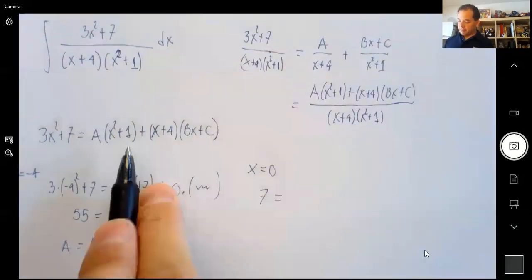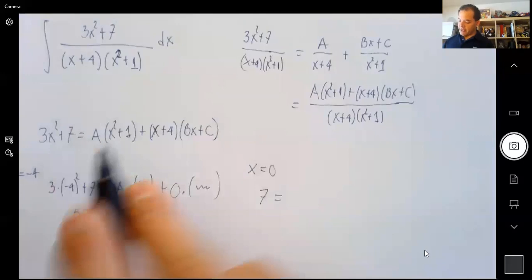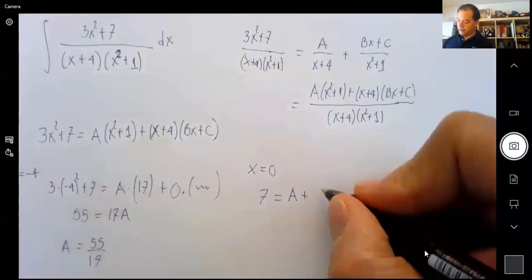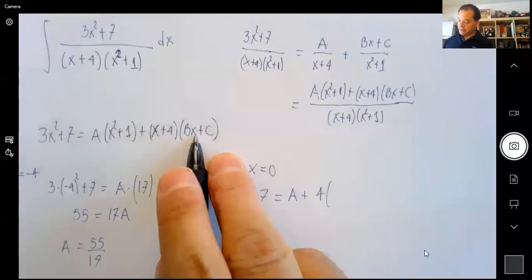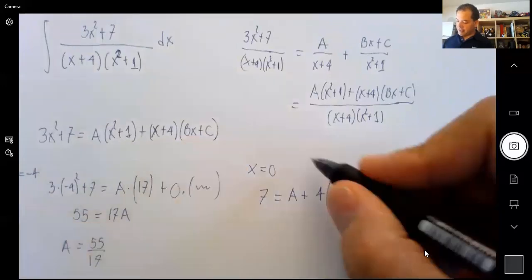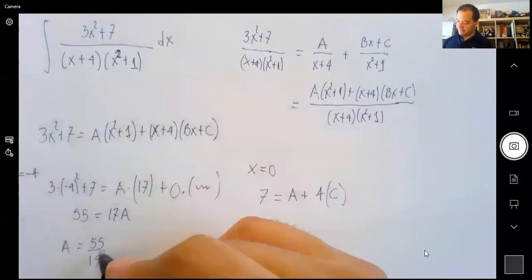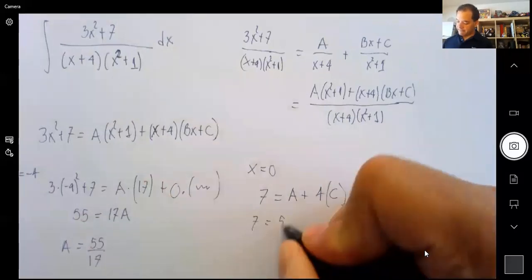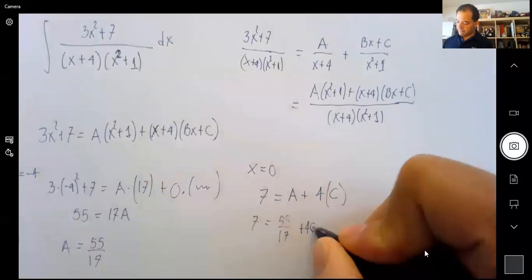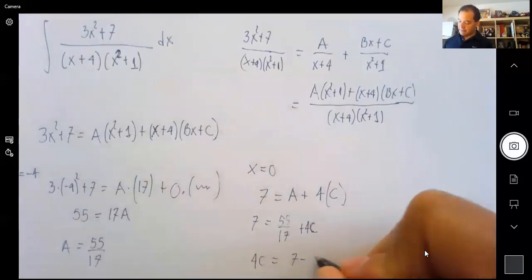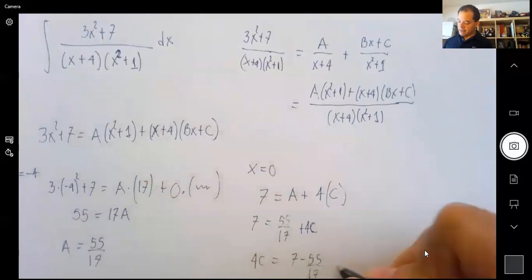Here 0 plus 1 times a, so that's just a, plus 0 plus 4, that's 4. B times 0 eliminates it, and then it's just C. And a is 55/17.